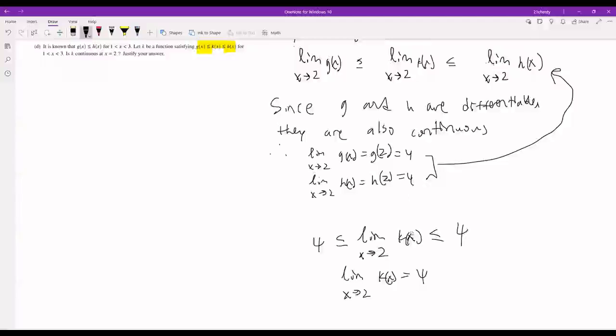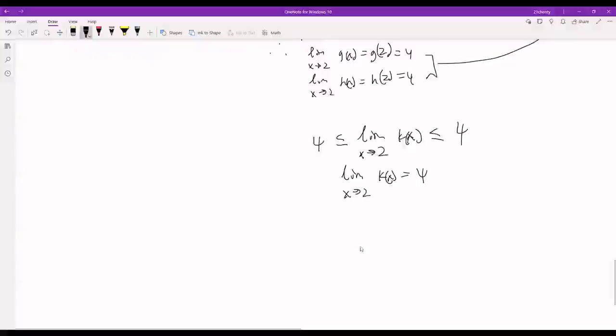The second part, we have to show that this equals k of 2, because we're finding it continuous at 2. This part's easy. We also know that g of x is less than or equal to k of x is less than or equal to h of x.